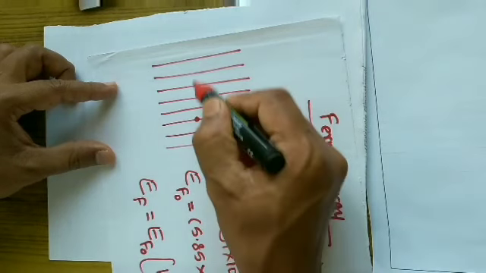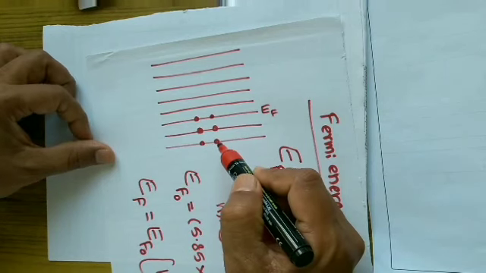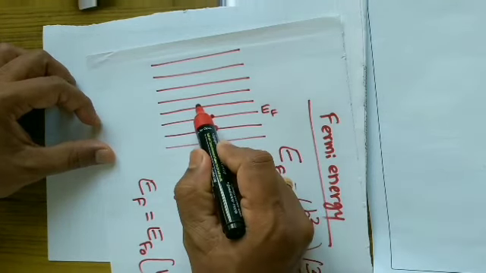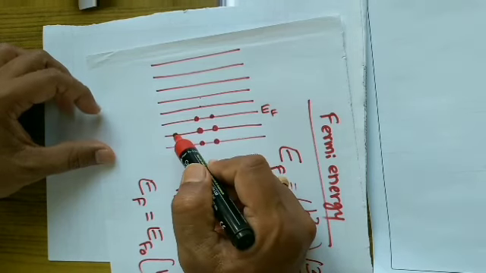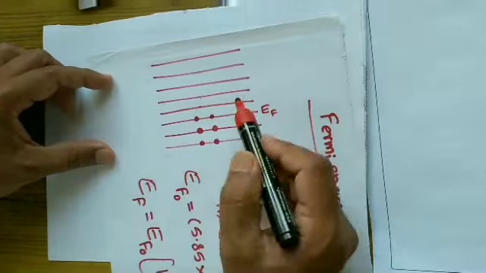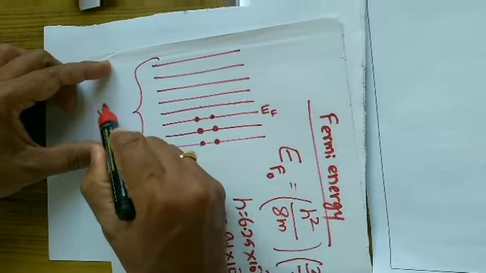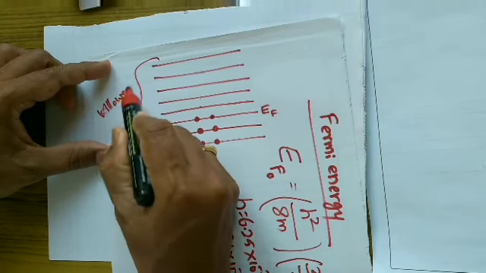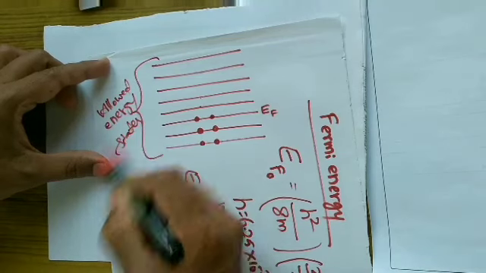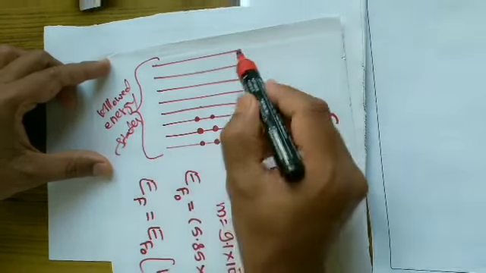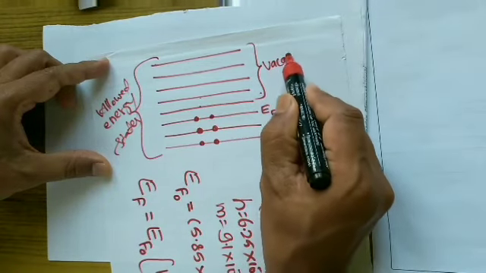Or if some more free electrons are added to the system, then this Fermi level can rise even to this level or to this level or to this level. So as per this diagram, you can understand that these are the allowed energy states, whereas these are the vacant energy levels.